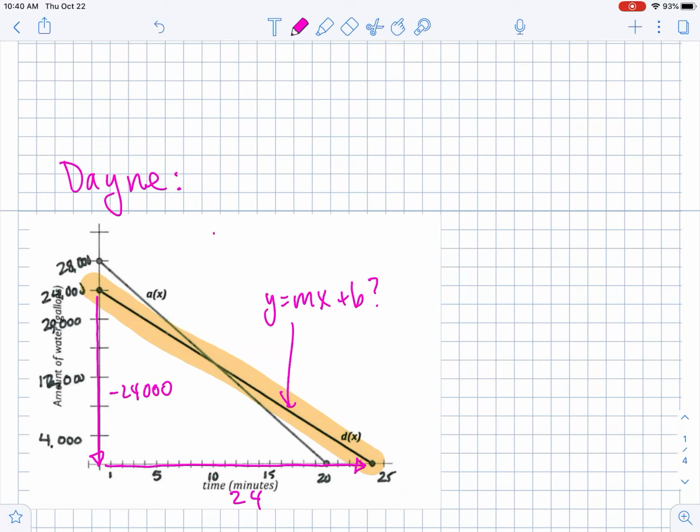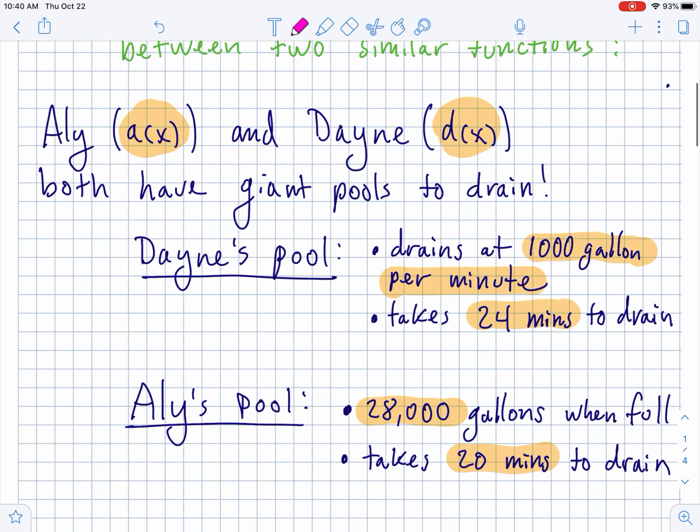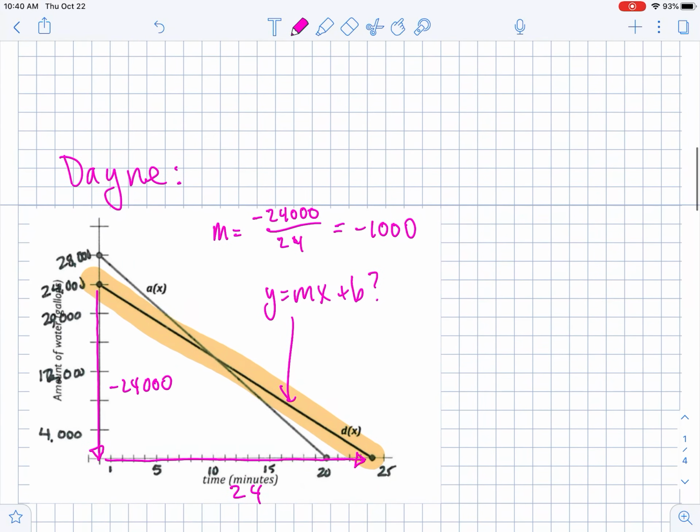So this is down 24K and then to the right 24. Your slope is rise over run, and there was a negative rise, so that's negative 24,000 over 24, which equals negative 1,000. But we already knew this back up here, that his pool drains at 1,000 gallons per minute. That is the slope. It's the constant rate of change.